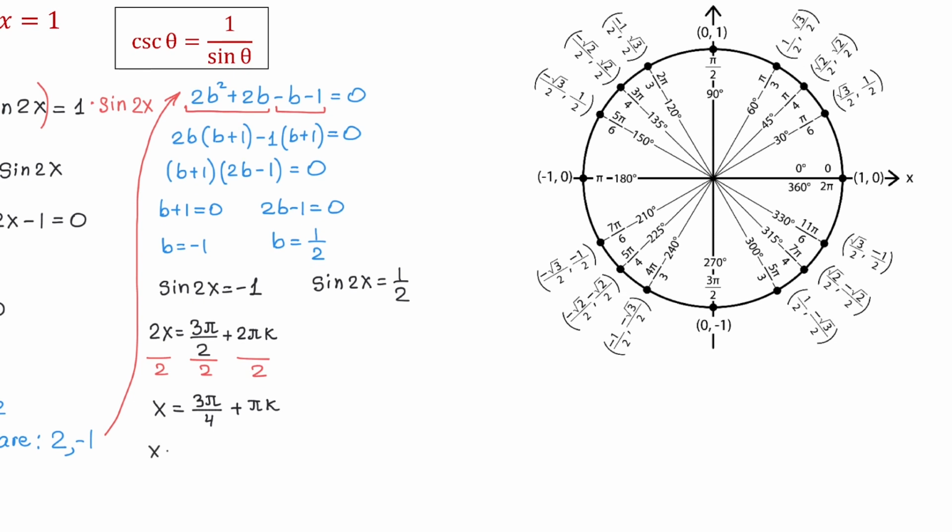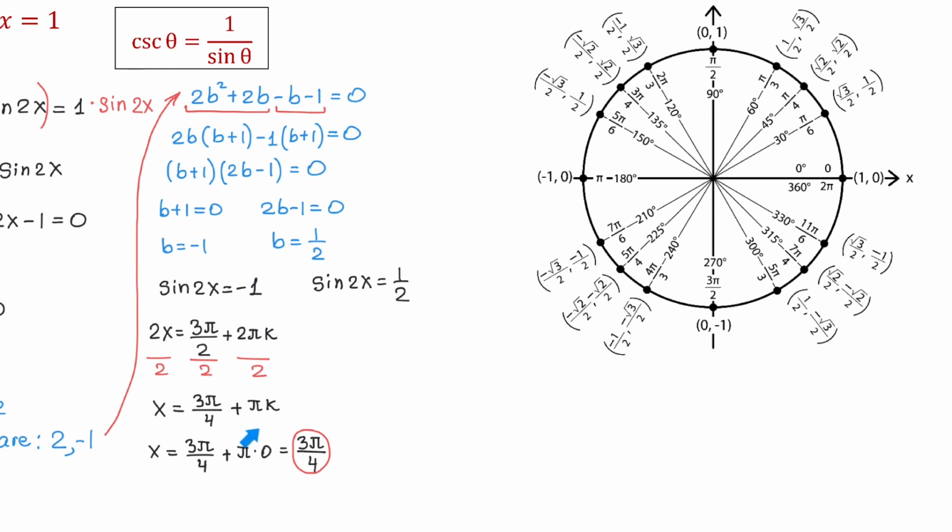x equals 3 pi over 4 plus pi times 0, and this will be equal to 3 pi over 4. And this is the first solution we found on the interval from 0 to 2 pi.